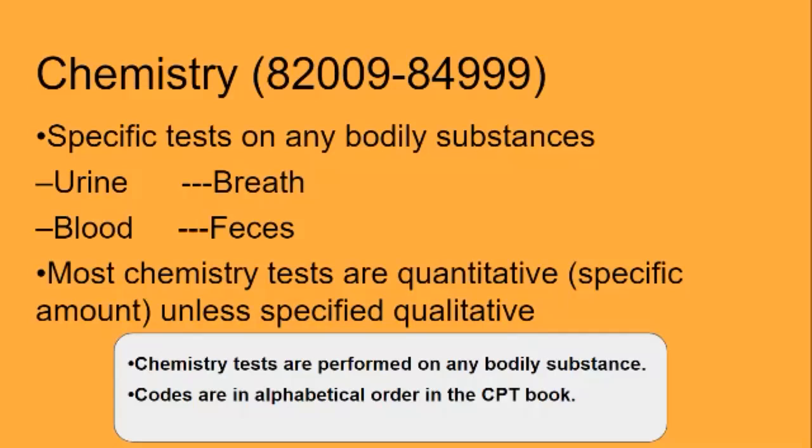Most chemistry tests are quantitative, which is a specific amount, unless specified qualitative. Chemistry tests are performed on any bodily substance. Codes are in alphabetical order in the CPT book. So if you take a look at that, you're going to be able to see these tests are indeed in alphabetical order.